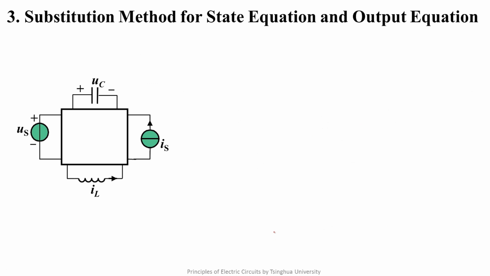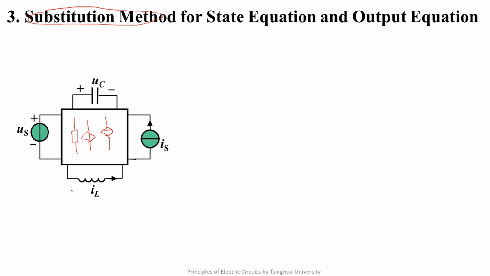With this basic knowledge, we can discuss how to list the state equation and the output equation. There will be many discussions in the subsequent courses about it. Here, we only base it on circuit analysis. Here we recommend that you list the state equation and the output equation by using the substitution theorem. In the general circuit as shown, there will be resistors and controlled sources in the box, but no energy storage elements. We put all the independent sources and energy storage elements on the outside.